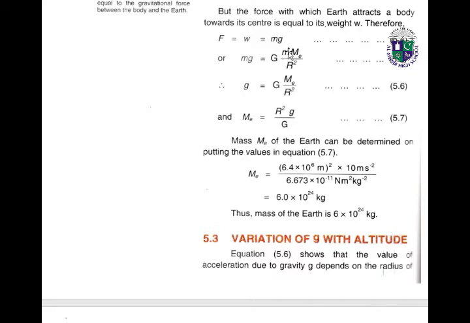If we cancel the mass of the body, the remaining g is equal to G M e over r square, where M e is equal to r square g over G. The mass M e of the earth can be determined by putting in the values. If we put all these values of r square, g and G, we get the mass of the earth, which is 6 into 10 with power 24 kg.